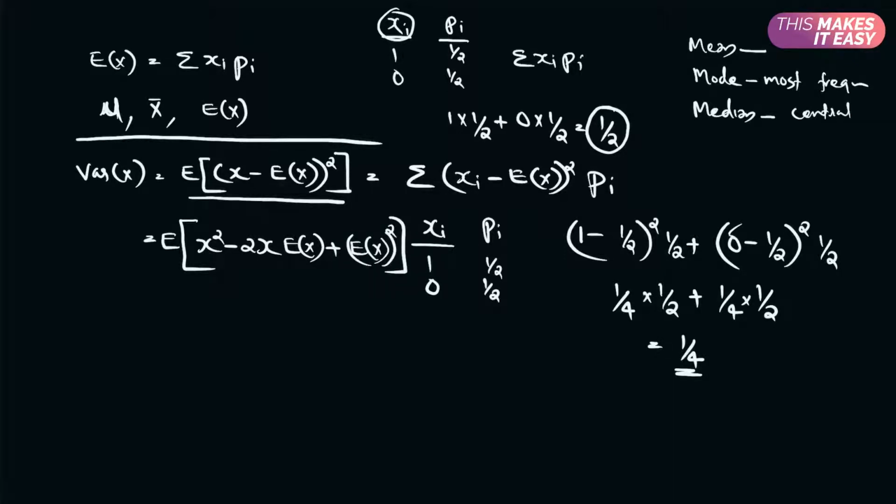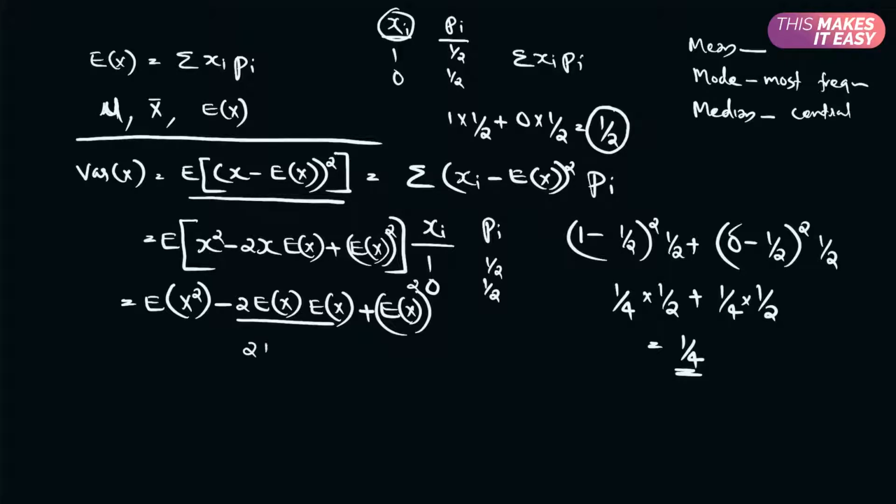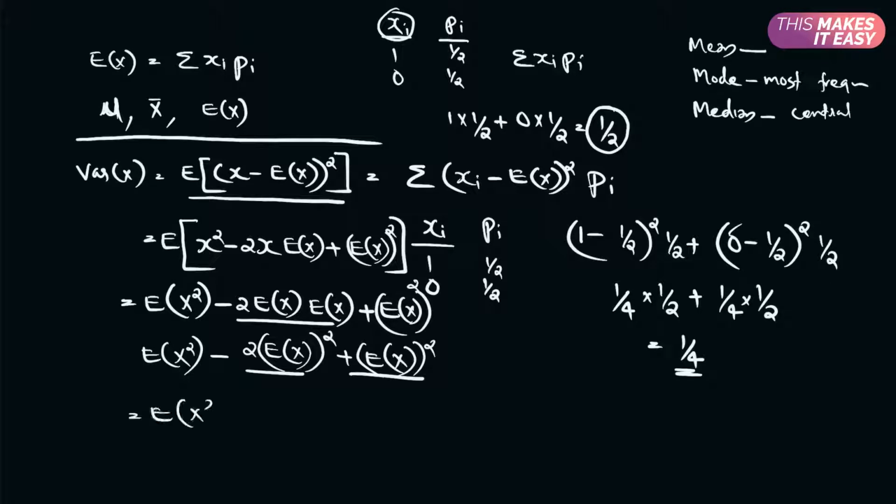Taking the expectation inside, we can write it like this: expectation of x square minus, then expectation of x whole square. Now we can deduct this from this, so we will get the final formula for variance of x.